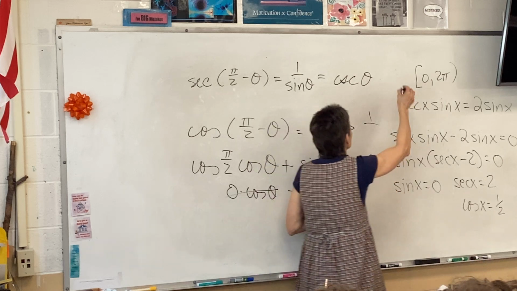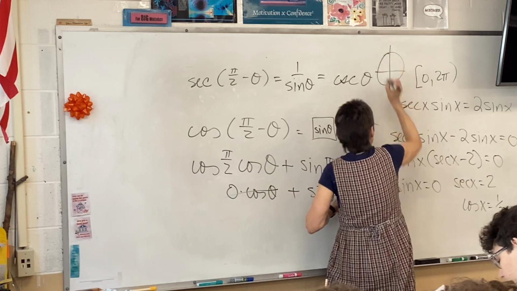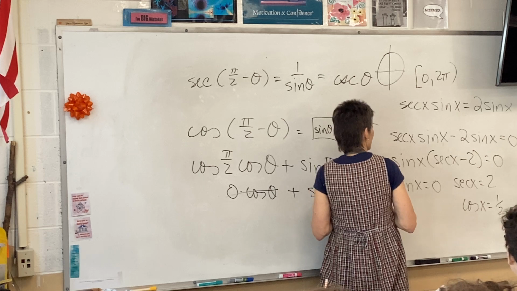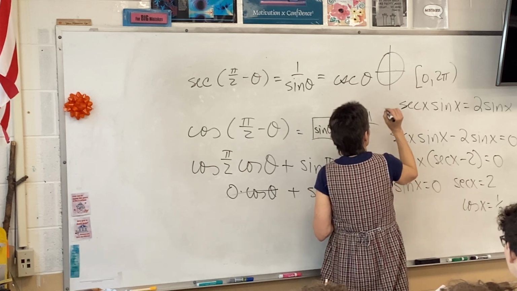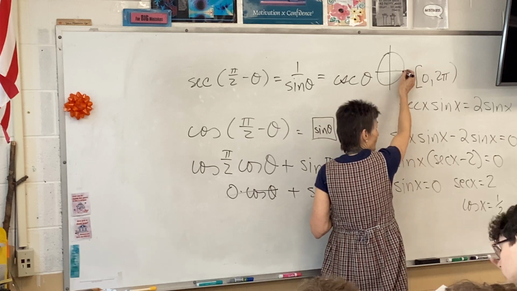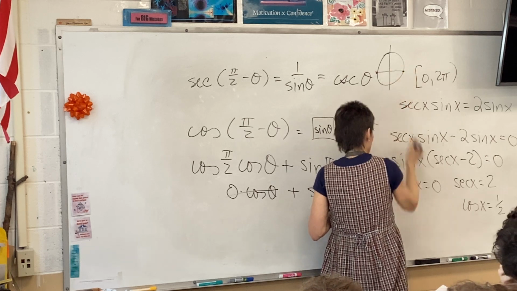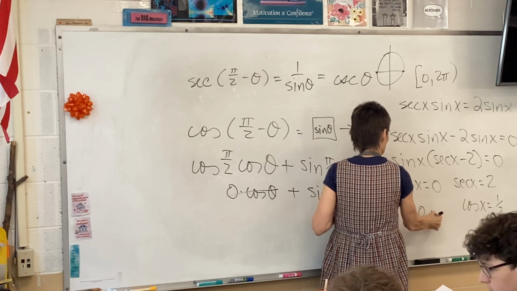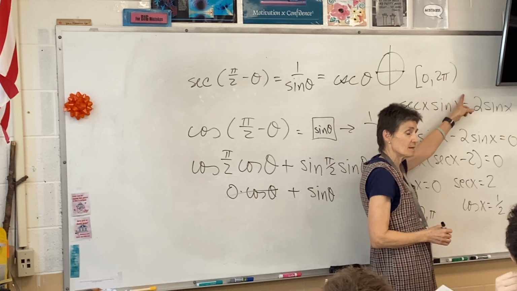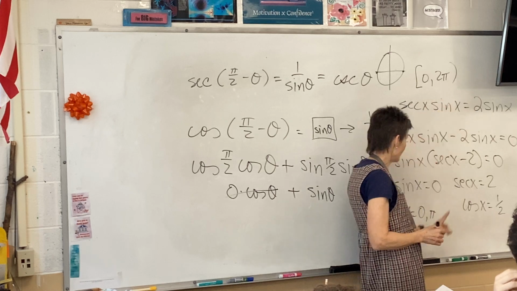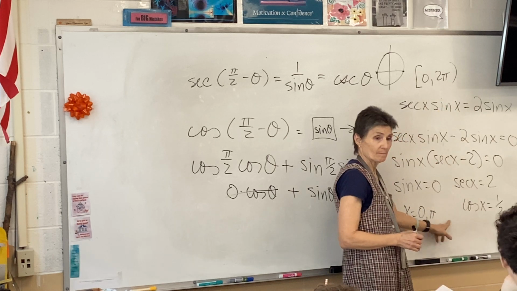All right, here we go. Where is the sine 0? At 0 and pi. So this one is 0 and pi. If that had been a bracket in the directions, then we would include 2 pi.